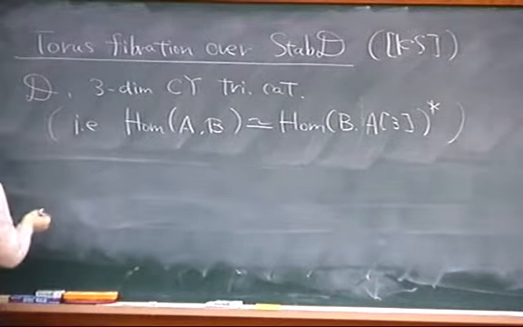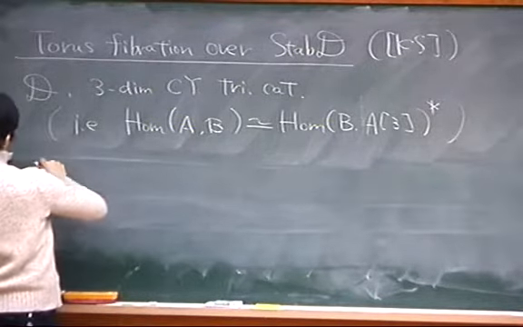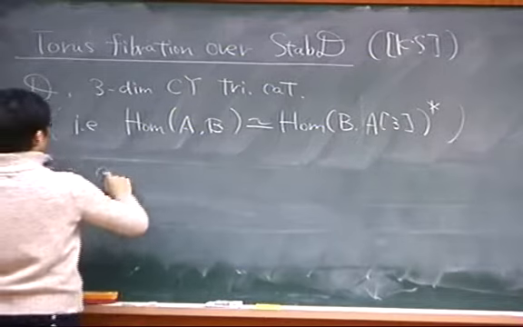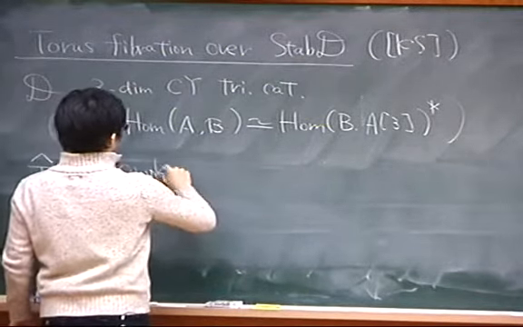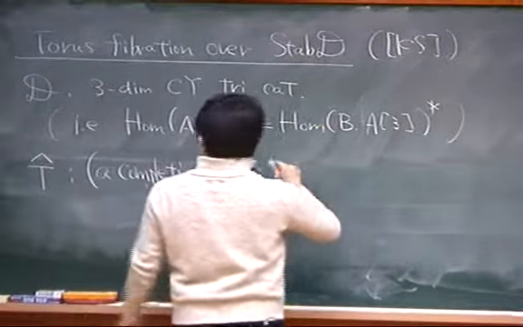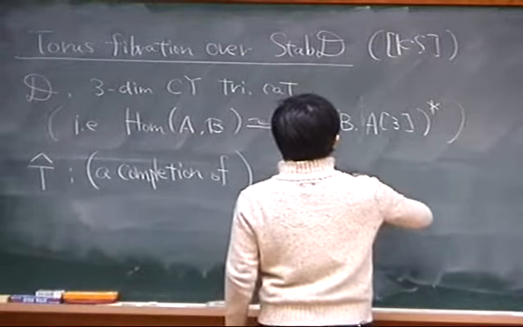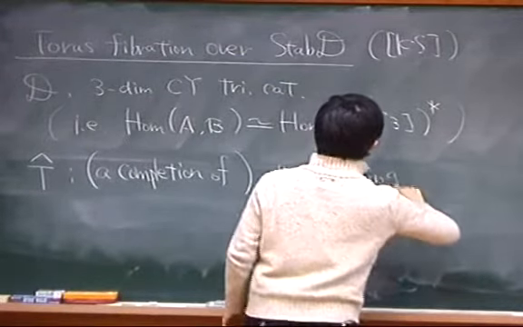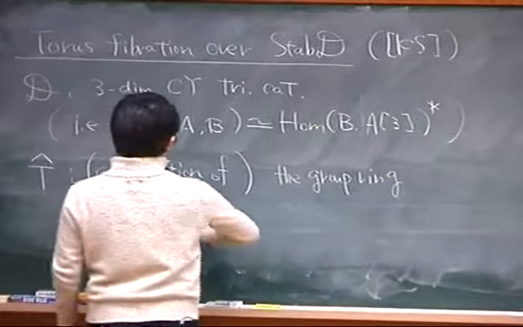And let T hat be a completion of the group ring of the Grothendieck group of this triangulated category.